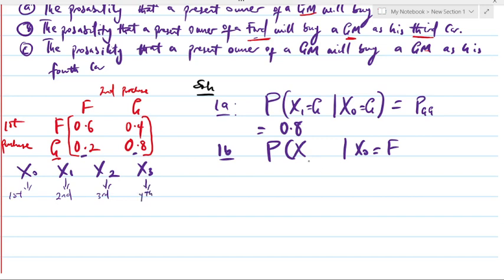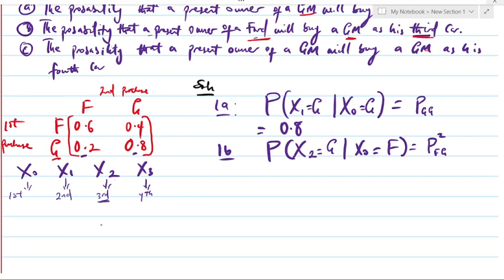Now I'm asked to find the probability that a present owner of a Ford will buy a GM as his third car, which is X2. That is X0 to X2, over 2 steps. X2 equals G over 2 steps. So the probability of transiting from F to G over 2 steps.